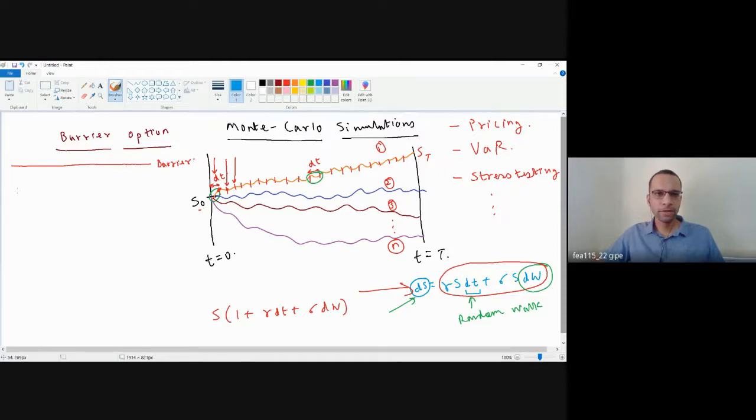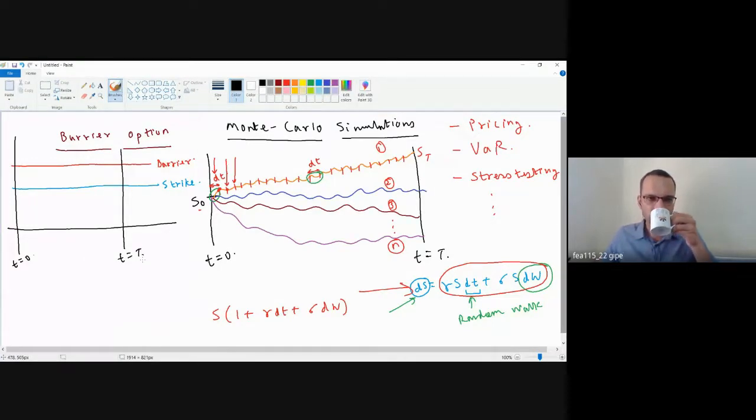Let's say this blue colored line is my strike. And let's say this is my time to maturity. So this is T equal to 0, and this is T equal to capital T. This is my total horizon.